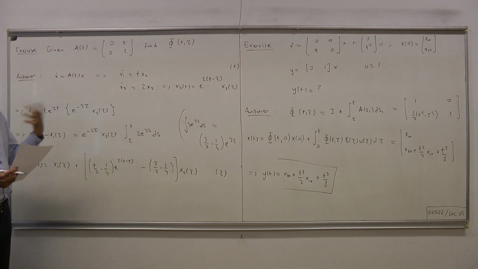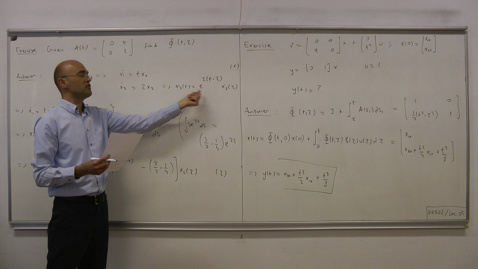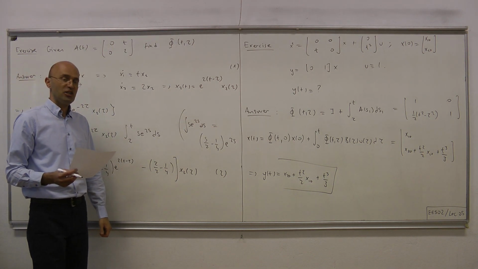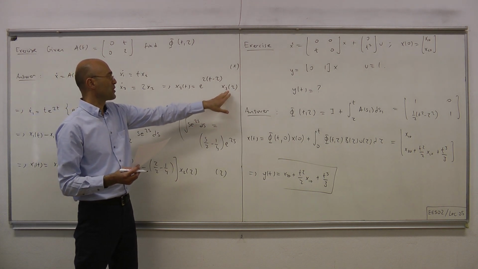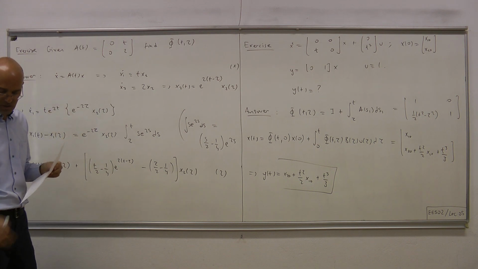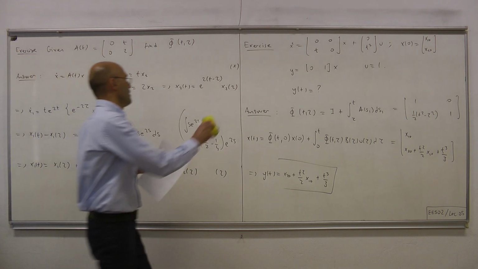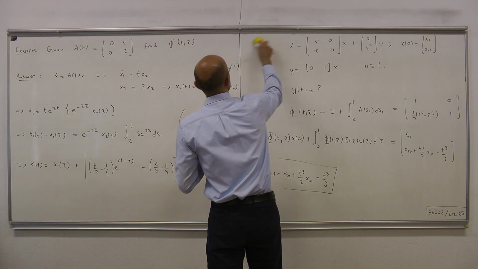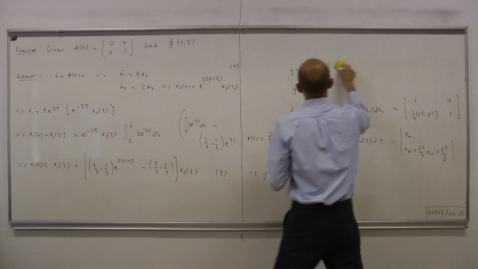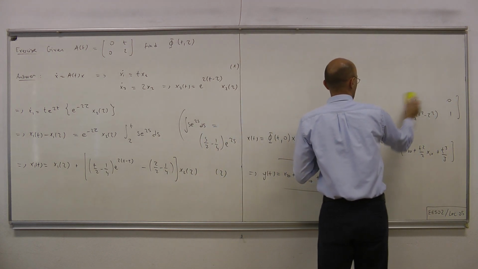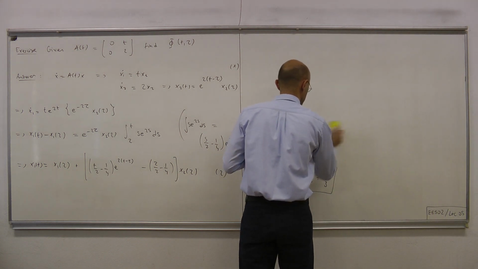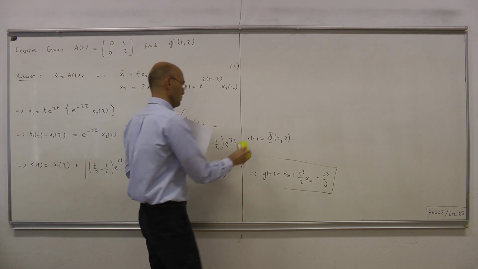Now at this point we have both x2 of t and x1 of t explicitly in terms of the initial conditions. By initial conditions we mean x2 of tau and x1 of tau. We're treating tau as our initial time. And by combining those two explicit expressions given in equation 1 and equation 2, we will now easily obtain the state transition matrix because we know that the solution is unique.